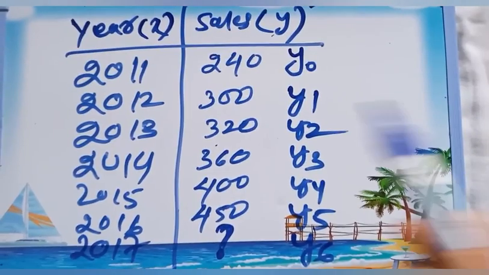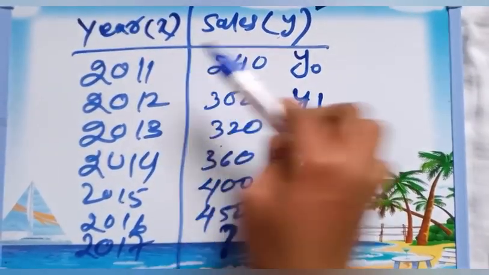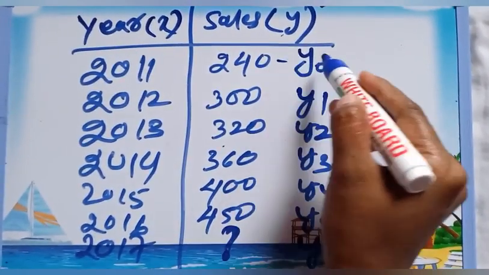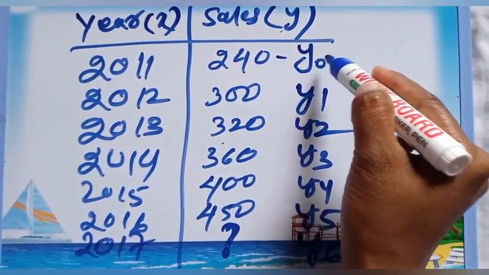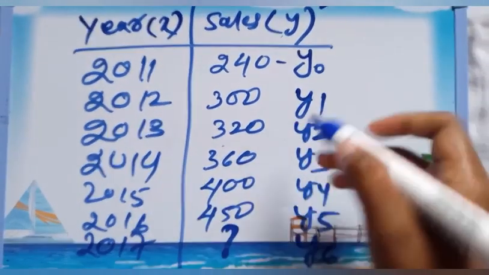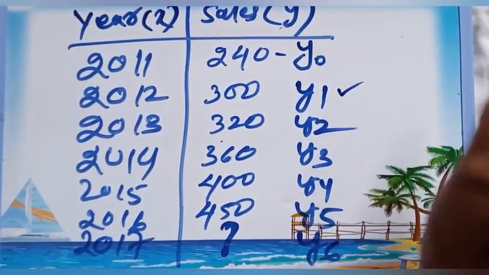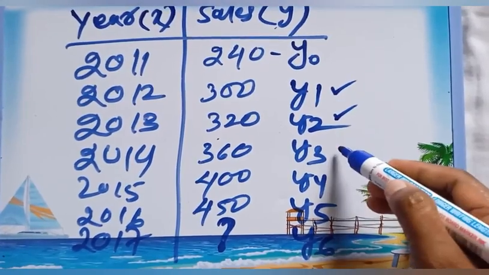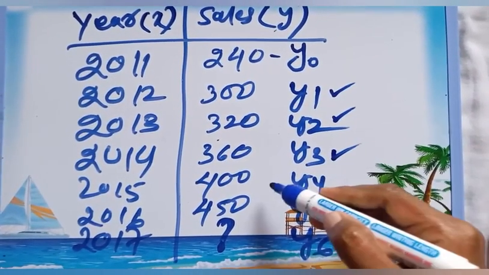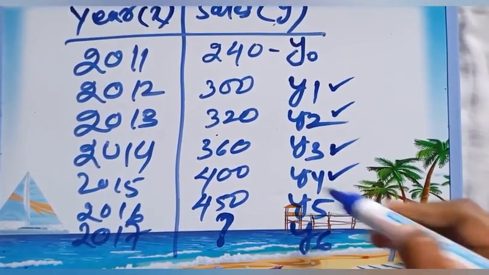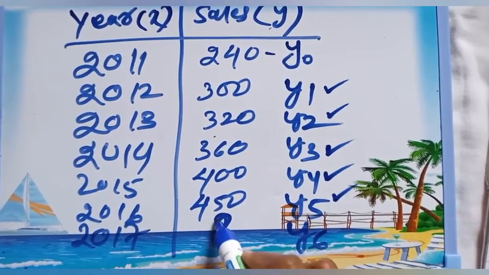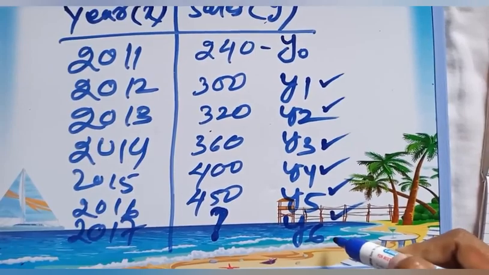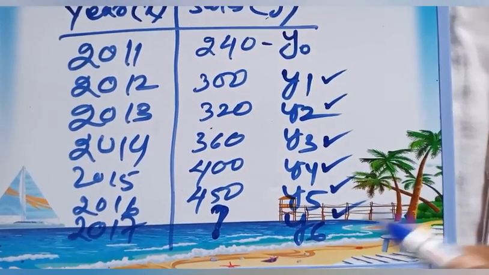For 2011 the sales is 240 and we name it y0. Next 300 we name y1, 320 we name y2, 360 is y3, 400 is y4, and 450 is y5. The missing value, we name it y6.